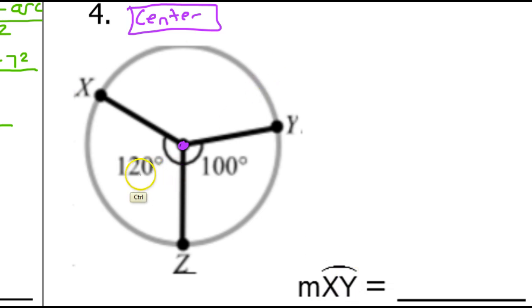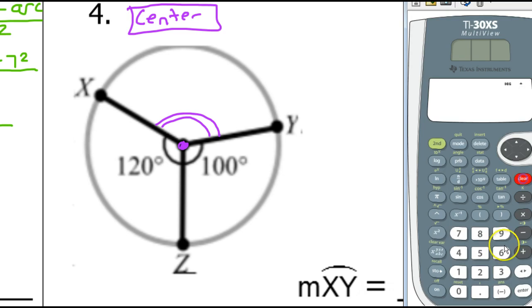Since these angles are 120 and 100, I should be able to find the third angle by subtracting from 360. So 360 minus 120 minus 100 leaves 140.